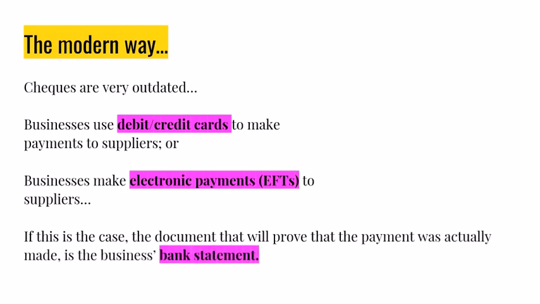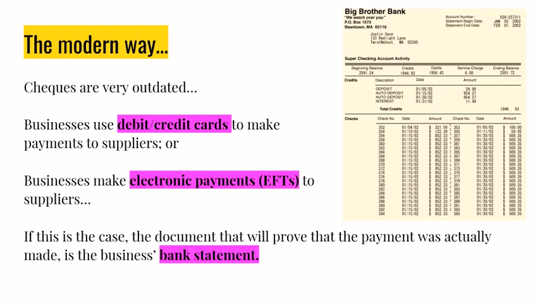If the business gets their bank statement, which looks something like that, at the end of the month, there will be a list of all the transactions that they've made by swiping their cards or by making online payments. And then the accountant will sit with the bank statement and record all of the payments in the CPJ from there. So if we ever say we pay electronically, then the source document is a bank statement. But in Form 1, we focus mostly on the old school version, the check version.